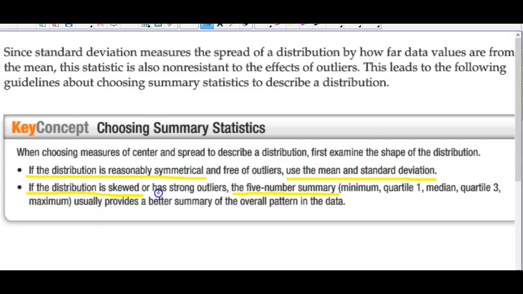If the distribution is skewed or has strong outliers, it's better to use the 5-number summary. We need to get that in our brain because that's going to take us through the rest of the lesson today. If it's symmetrical, we can stick with mean and standard deviation. If it is skewed, then we need to use the 5-number summary, okay?